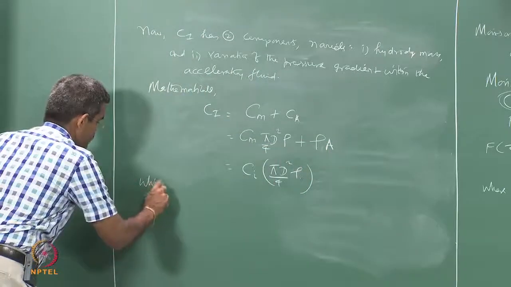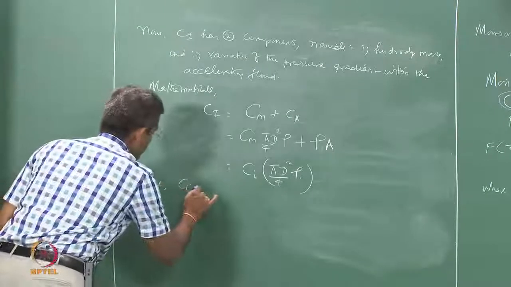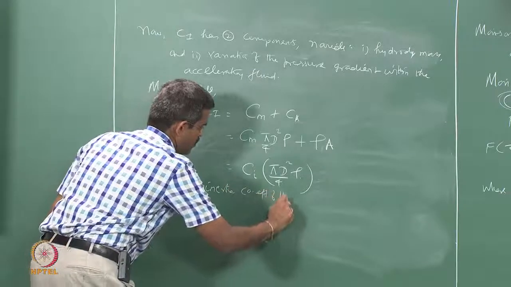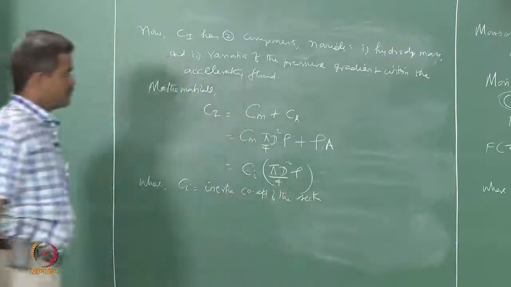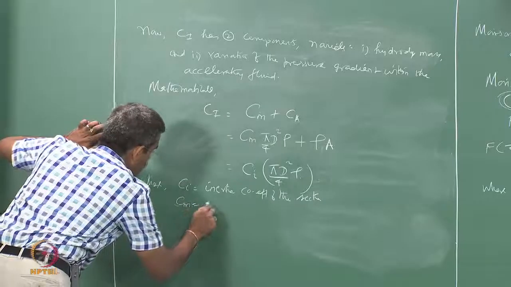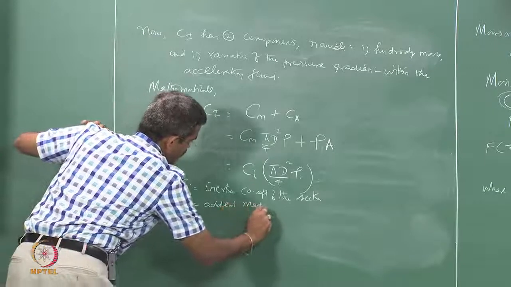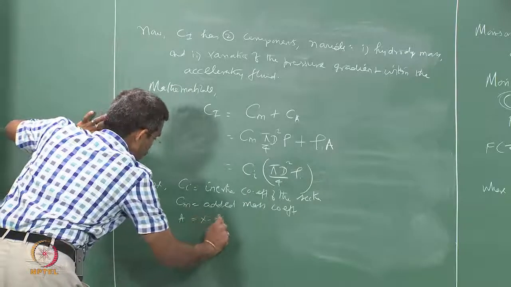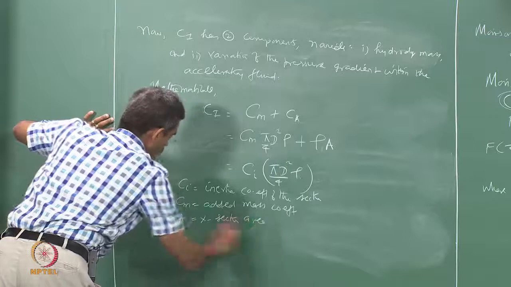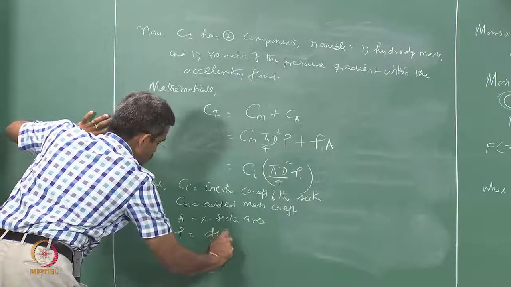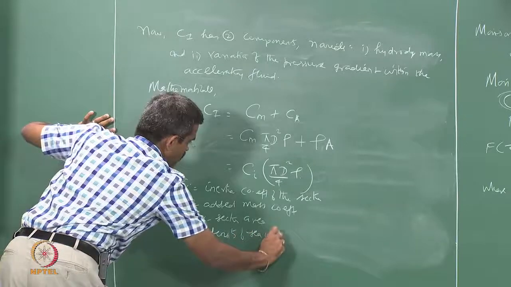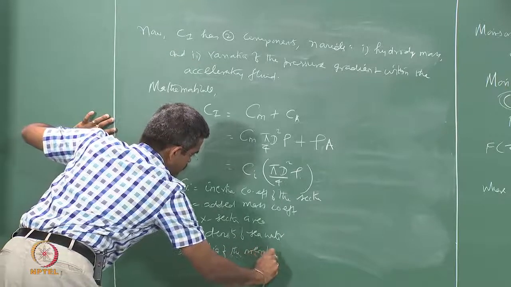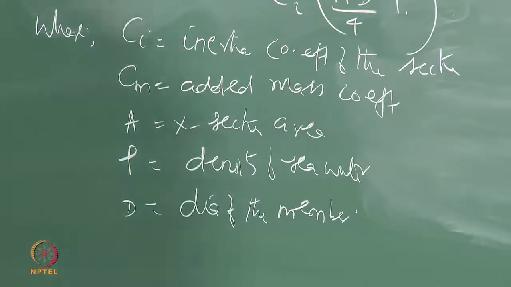Here Ci is the inertia coefficient of the section, Cm is the added mass coefficient, A is the cross section area, rho is of course the density of sea water, and d is the diameter of the member, essentially a cylindrical member.